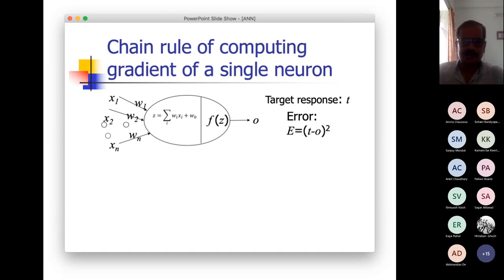The principle behind this backpropagation algorithm is the chain rule, which is used for computing a gradient.